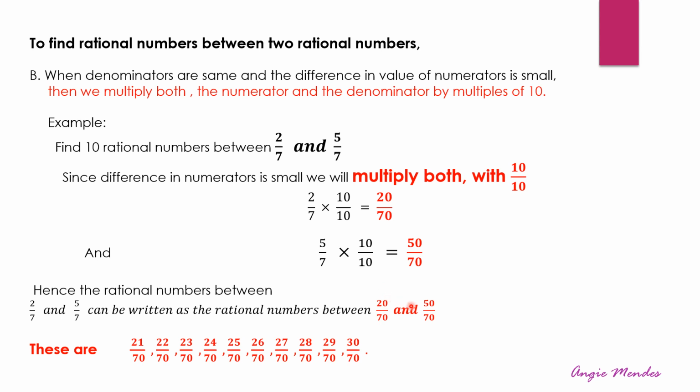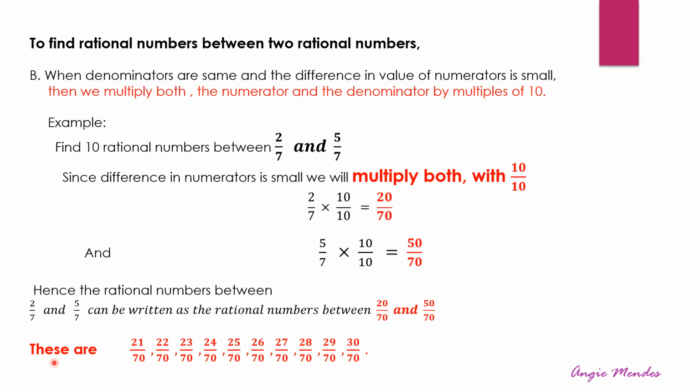The difference between the numerators now is large, so it is easy to find rational numbers between 20 upon 70 and 50 upon 70. For this, we will follow the rule that we followed in the first case, that is adding 1 to the numerator since the difference between the numerators now is large.